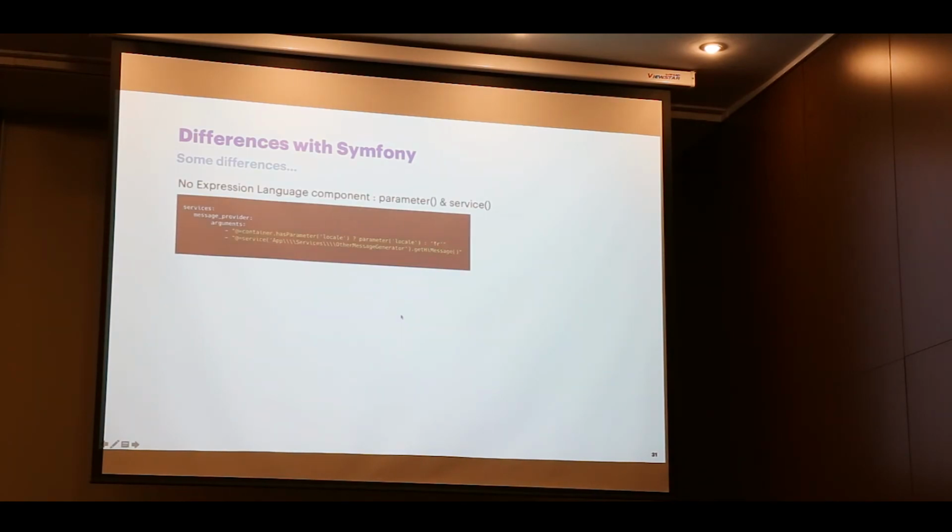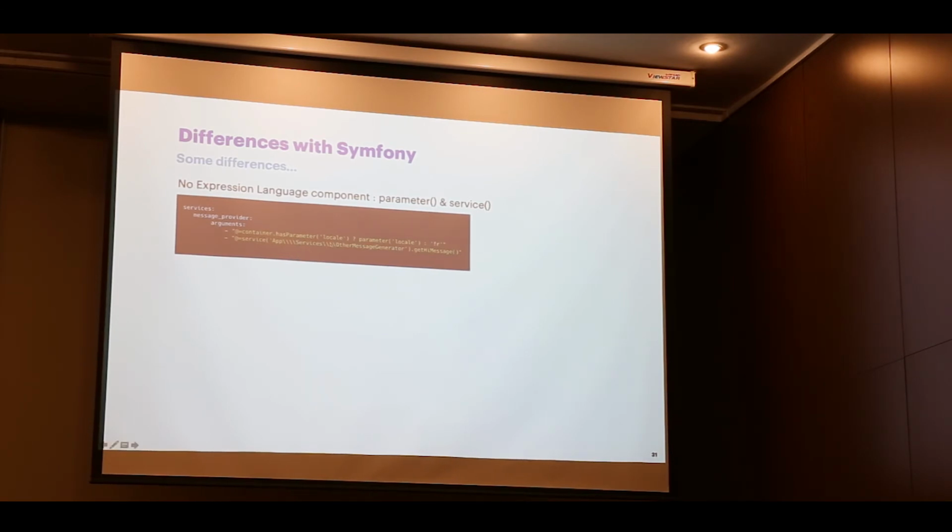Some information: I don't know if you know the Expression Language component, but you don't have access to this component inside your container with Drupal. It's not very important, but sometimes you need to get some parameters from a method call, and with this you can build your container based on other objects.